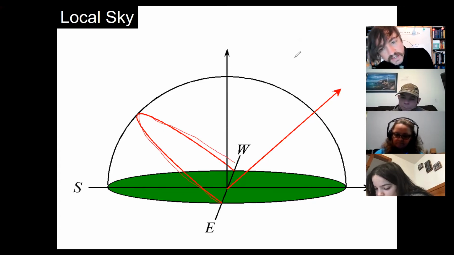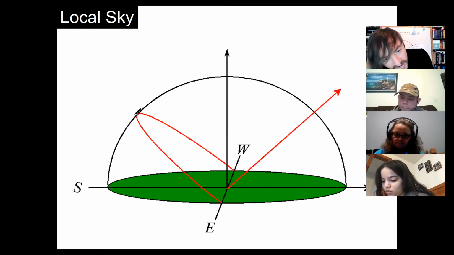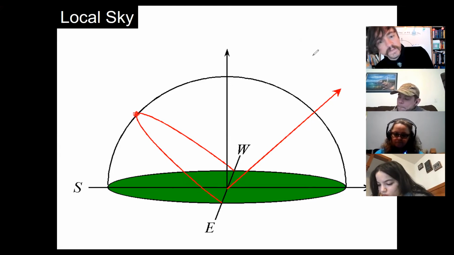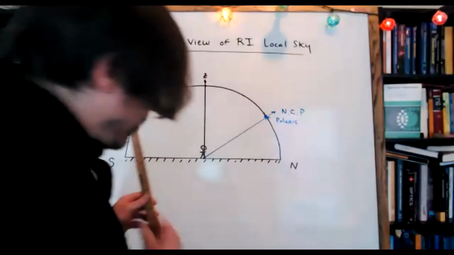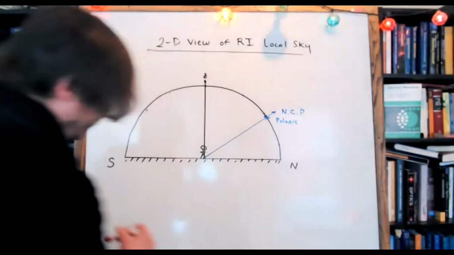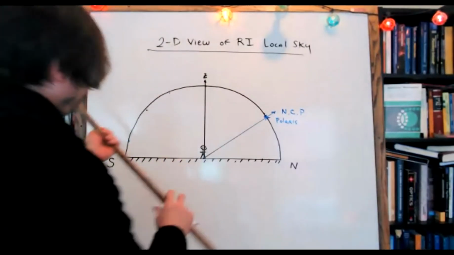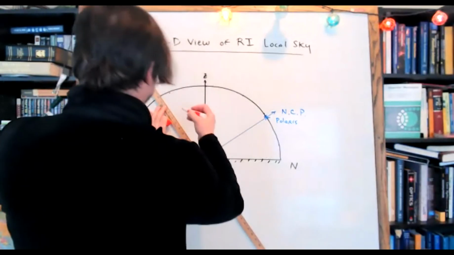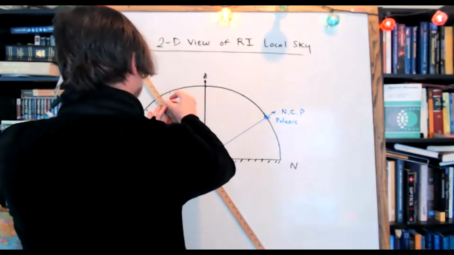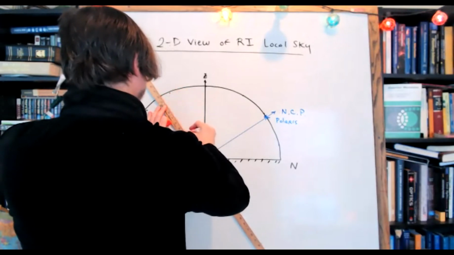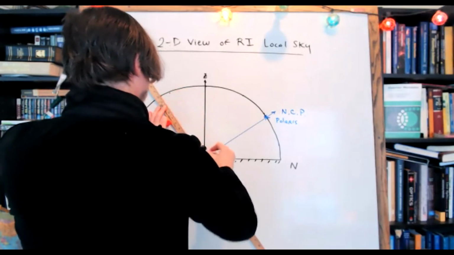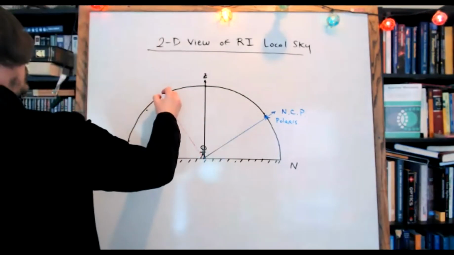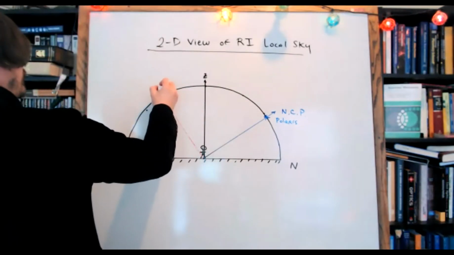So we can't draw the entire celestial equator, but we can draw this point here. That's the point where the celestial equator crosses the meridian. And so let's make sure that we keep that 90 degrees with respect to the north celestial pole. Okay, so we'll make it 90 degrees. And I'm just going to make a dashed line. And up here, I'll have a little dot, and I'll put CE for celestial equator.